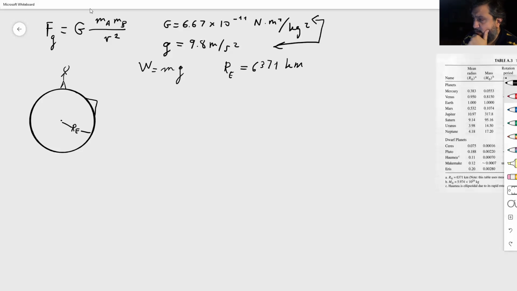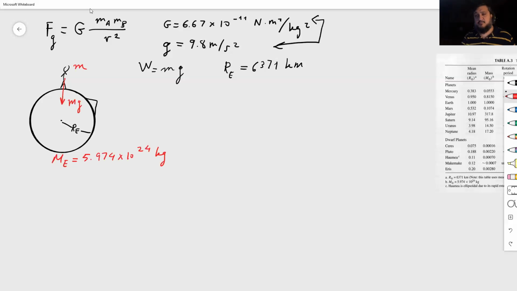Now, you have weight, right? Let's show it as a vector that points to the center of the Earth. This is your weight, m times g. Your mass is m, Earth's mass is ME, and I have it here too. Earth's mass, 5.974 times 10 to the 24th power in kilograms.